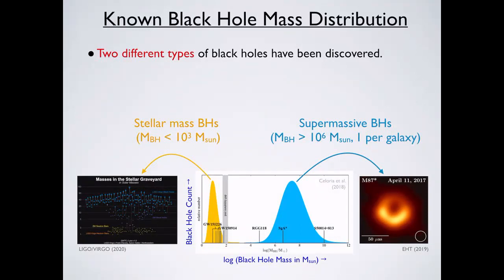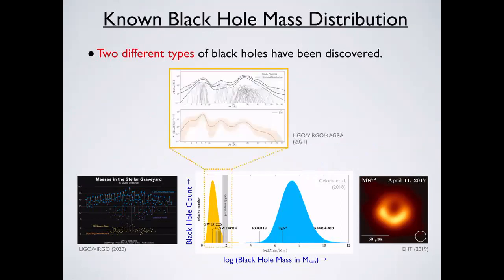One is the stellar mass black holes, say hundreds of solar masses. The other is the supermassive black hole population, above a million solar masses. It's postulated that at least one supermassive black hole exists per galaxy. That's been known by observations and by contemporary theory.